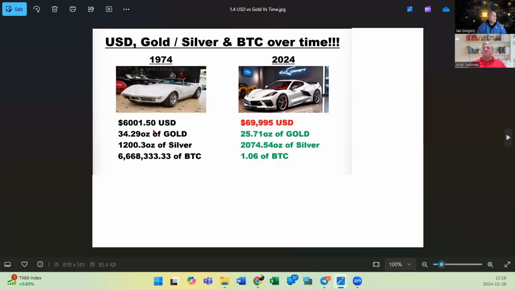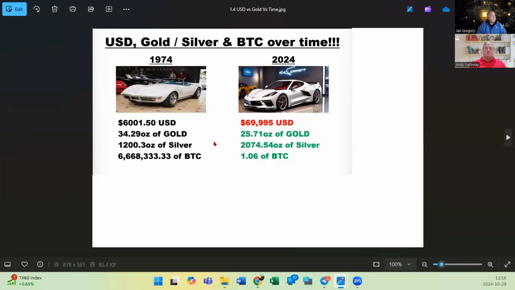But look at gold. 34 ounces of gold back in 1974 bought a brand new, nice car. Today it's 25 ounces of gold, and that's expected because the value of gold is the same. It's just that the dollar has gone down so much.